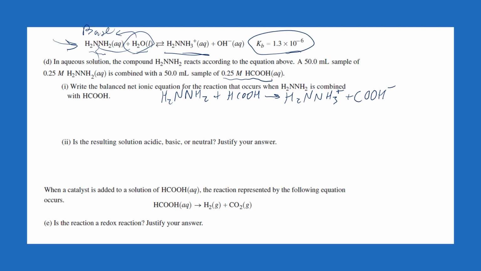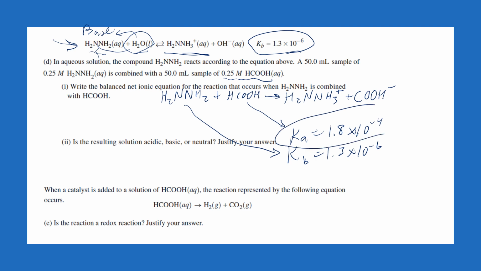Okay. And then it says, is the resulting solution acidic, basic, or neutral, and justify your answer. So the Ka value that was on the previous slide for that acid was 1.8 times 10 to the negative 4. Now they give us a Kb for the weak base. That was 1.3 times 10 to the negative 6.